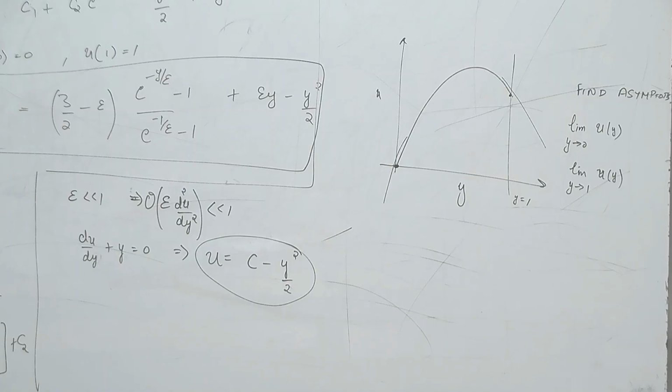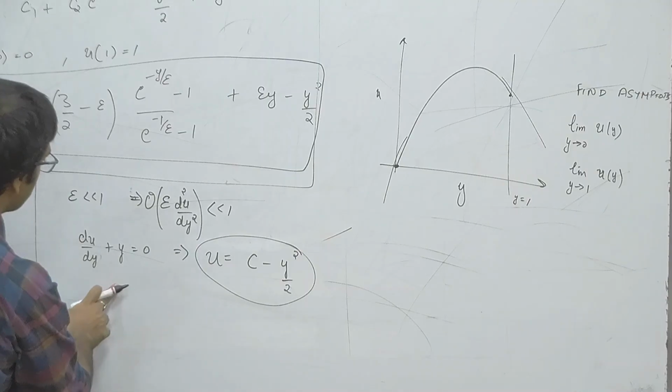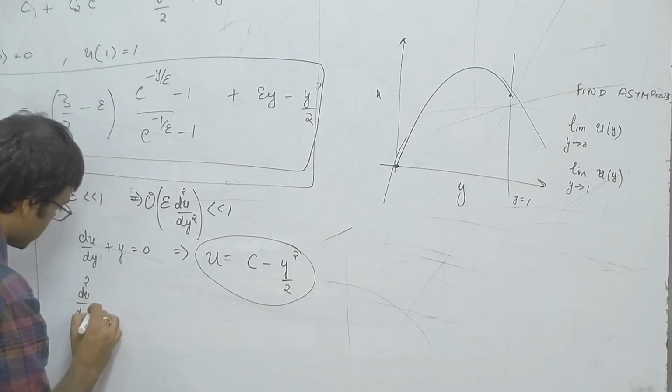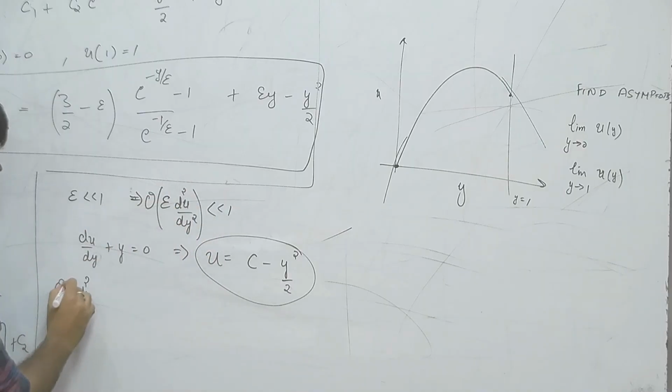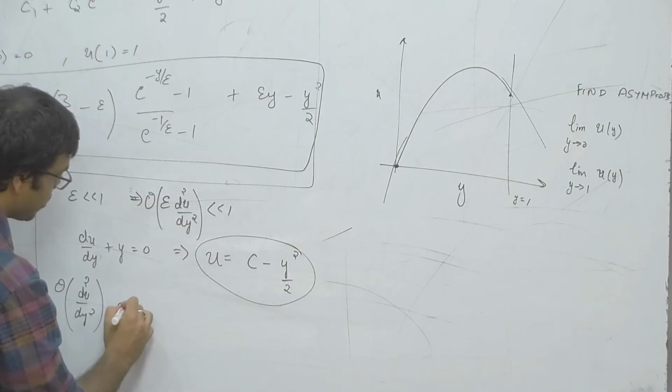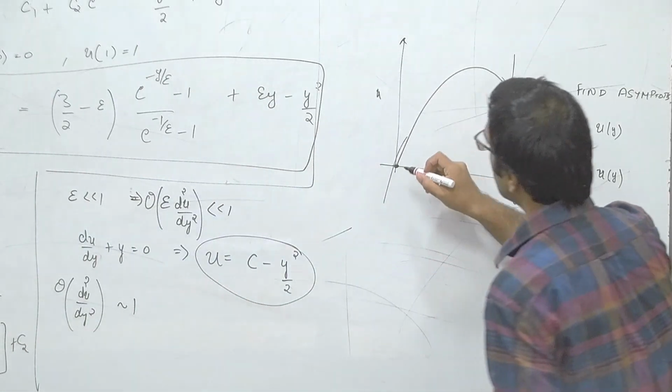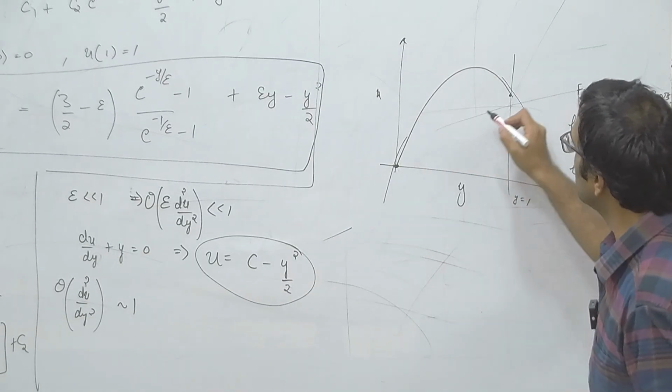I am going to give a reasoning which is very similar to the fluid mechanical reasoning. We said that the order of d2u by dy square is 1; the order of magnitude of this term is order 1. If you look at the variation of u, it is 0 here and 1 here.